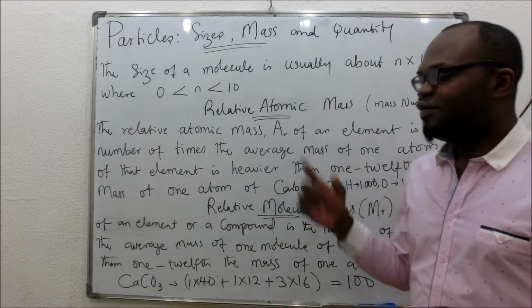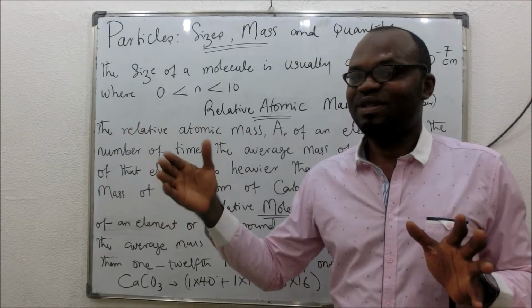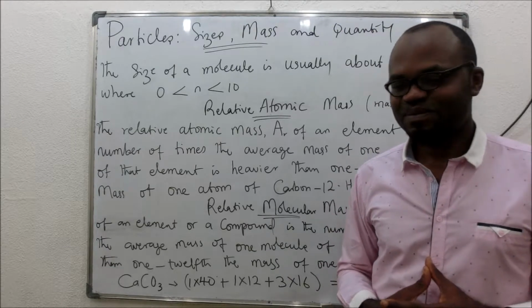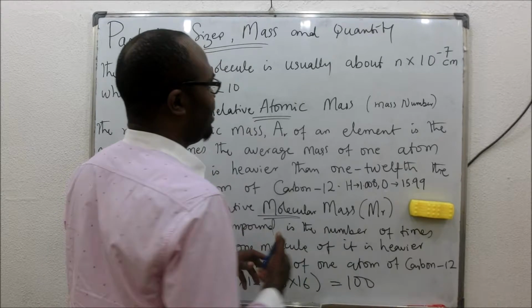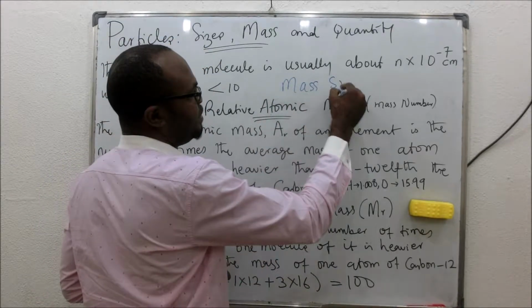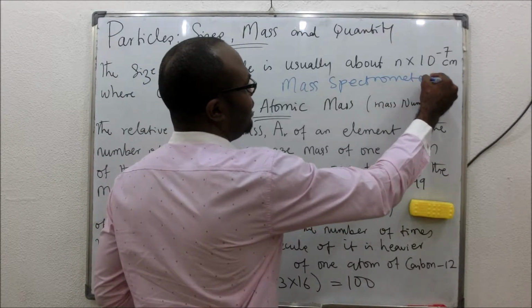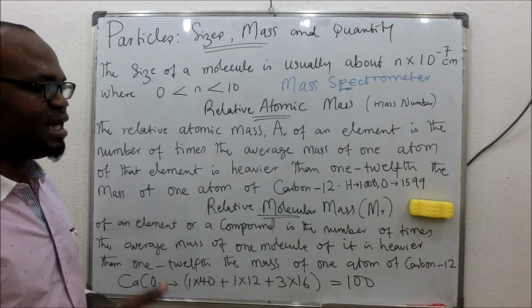Instead of doing 2 times the atomic number to get a rough estimate, the equipment used to find the relative atomic mass is what we call a mass spectrometer. Very, very important. With this mass spectrometer, you can measure the relative atomic mass and get the actual number.